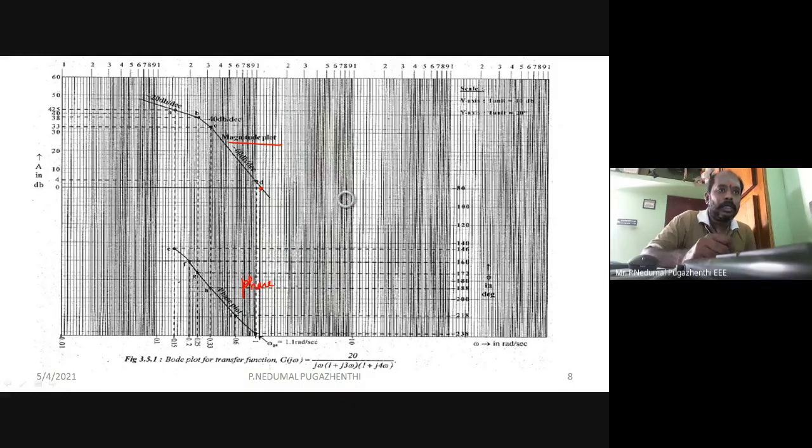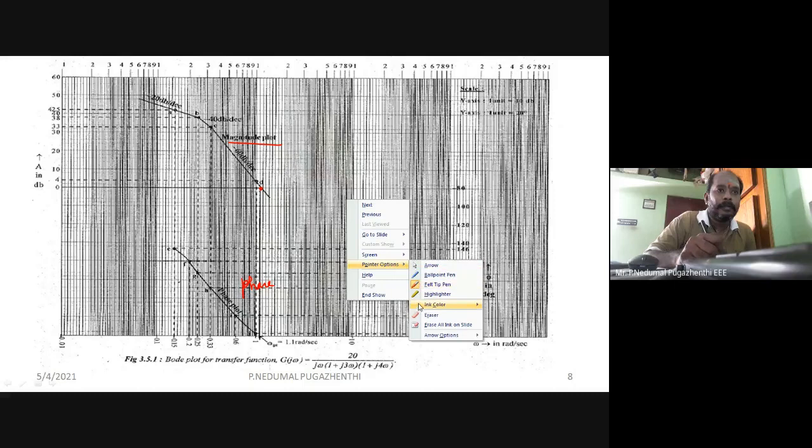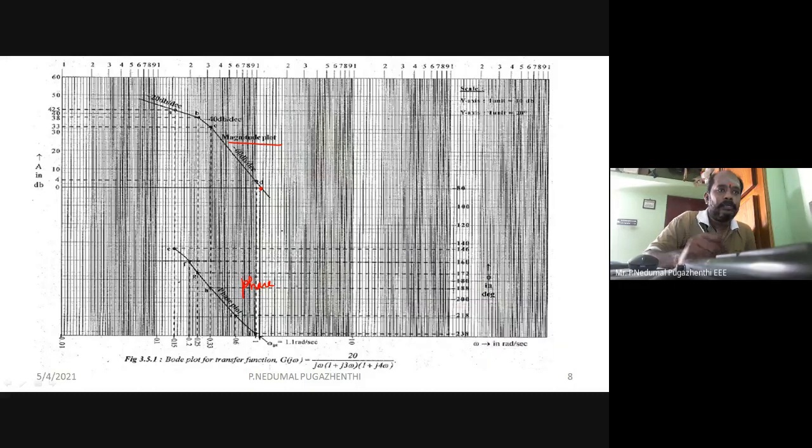This is your graph for different values of omega for your phi value, and this is your graph for different values of omega for your magnitude value. Now I am supposed to find all these frequencies, gain margin and phase margin.